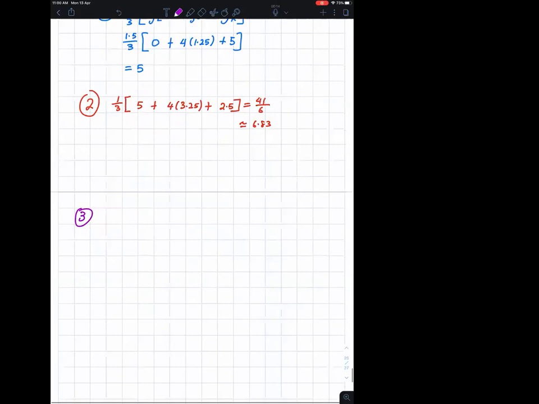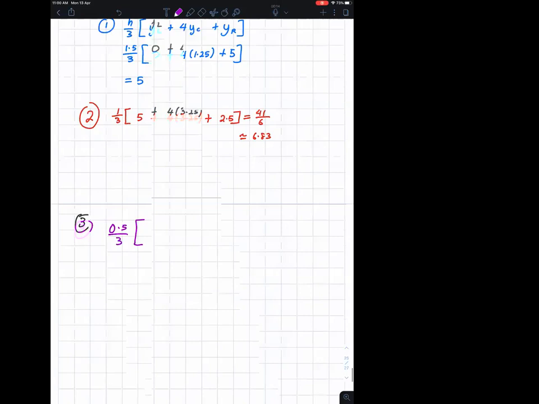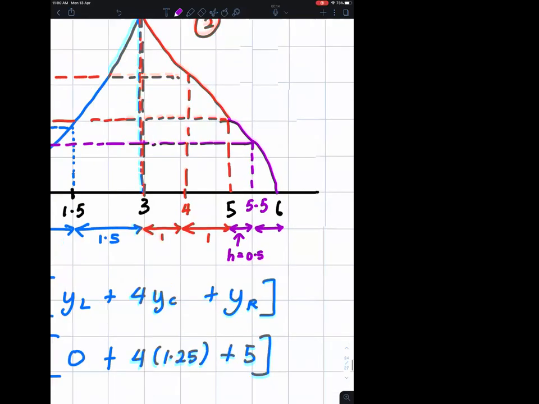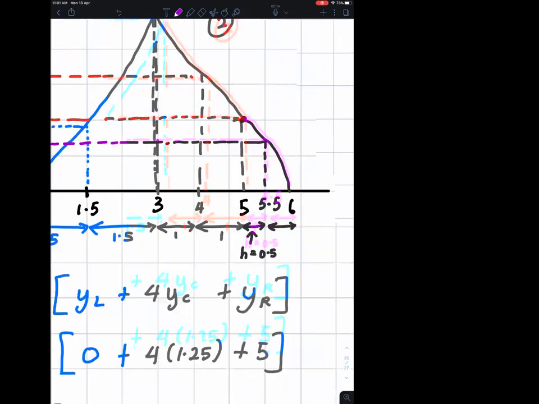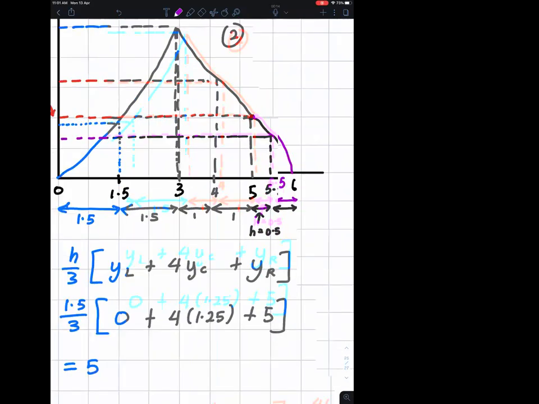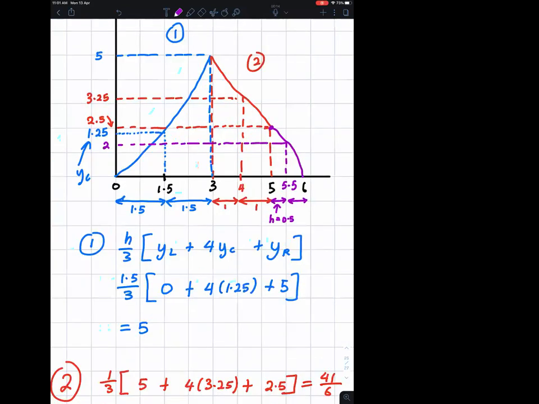So 0.5 over 3. If you look, the segment starts at this point, and when the left-hand point is 5, the corresponding value is 2.5.